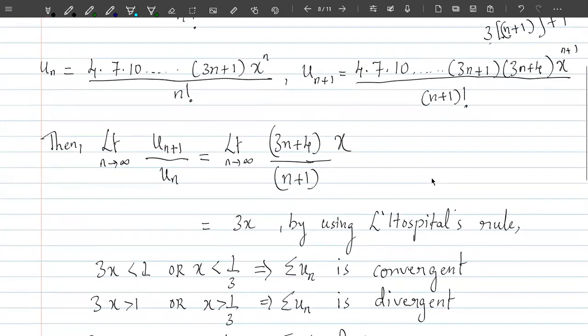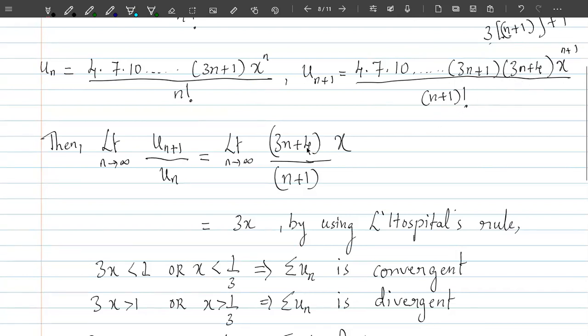Now let's calculate the value of the limit n tending to infinity un plus 1 by un. So you are dividing this particular term by this term. So when you do that, please note your numerator is this 4 into 7 into 10 etc. up to 3n plus 4. This term is being divided by 4 into 7 into 10 up to 3n plus 1. So all these terms will cancel. So what will remain here is 3n plus 4.